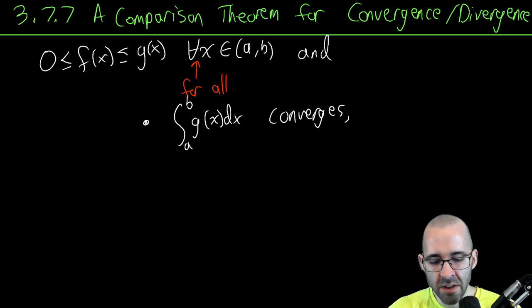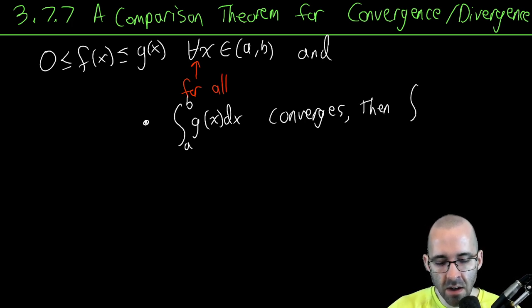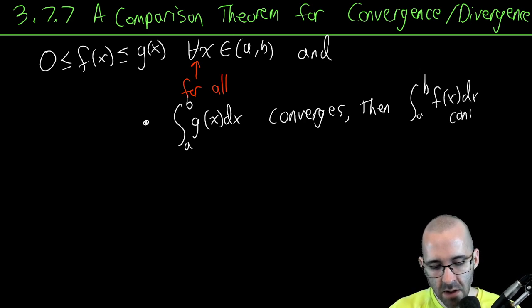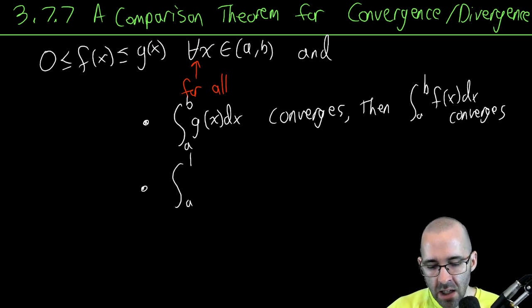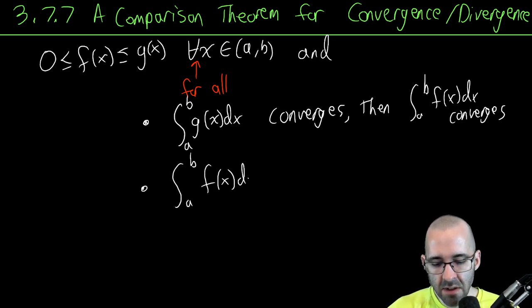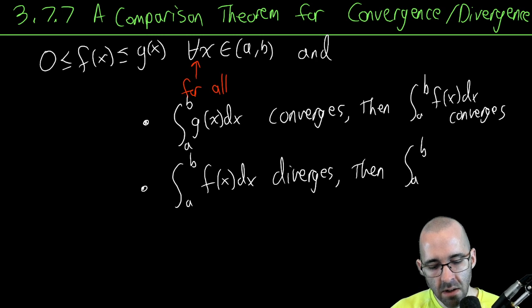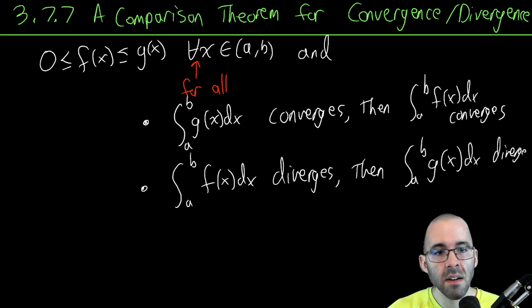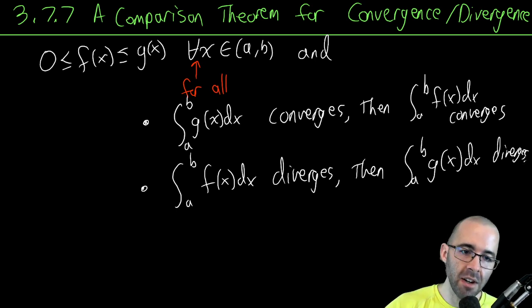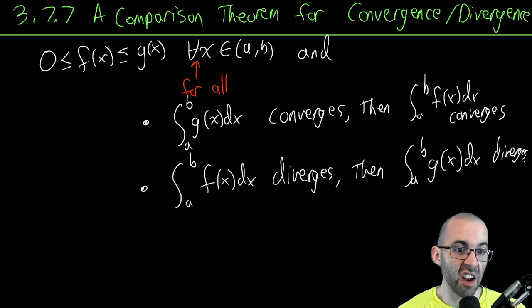So if the bigger one converges, then the smaller one converges. Similarly, if the smaller one diverges, then the bigger one diverges. Okay? Bigger than infinity is infinity. Smaller than finite, finite. That's what we're going to be using in this section.